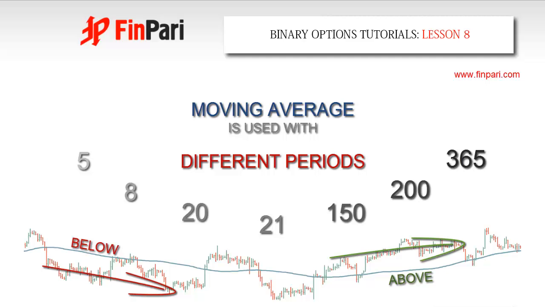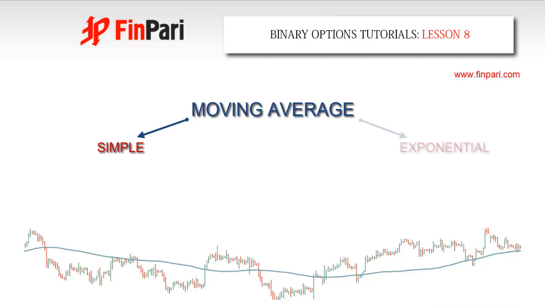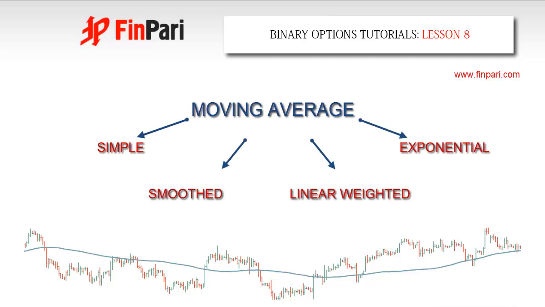Apart from the period, moving averages are divided into simple, exponential, smoothed, and linear weighted. We will not look into the differences of all. Let's find out what is the difference between the first two, simple and exponential, since they are the most used by traders.